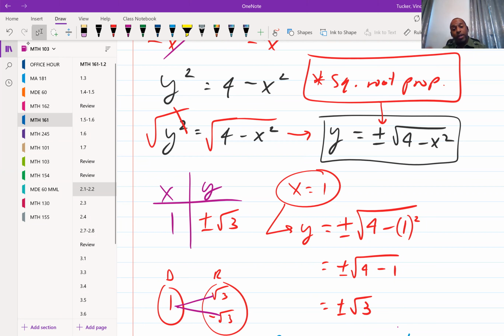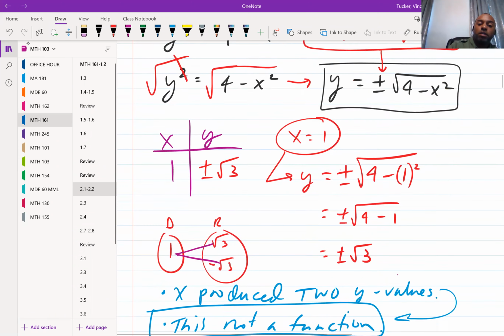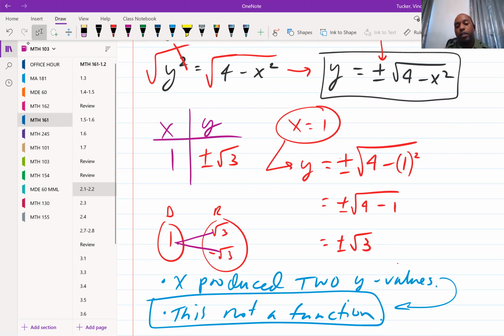That means when I plug in 1, I get out a positive and negative square root of 3, or a positive and negative answer. So that 1 is going to 2 different values. That stops it from being a function. x produced 2 y values. So this is not a function. But that only occurs when you have an even power on your y.